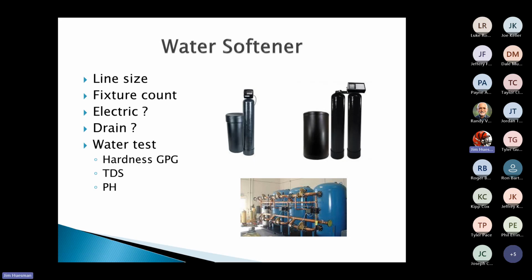So again, we really like to know the line size. The biggest one for me is fixture counts. One that I don't have on there, but a guy who's been working with me for years, Stuart Mackey, who's really taught me a lot about softeners and water quality, is the type of facility and hours of operation, especially when you get into commercial.